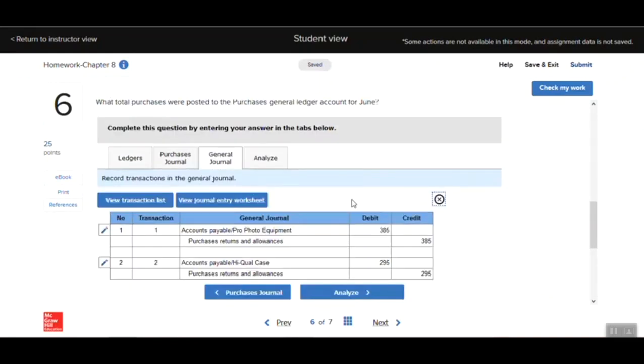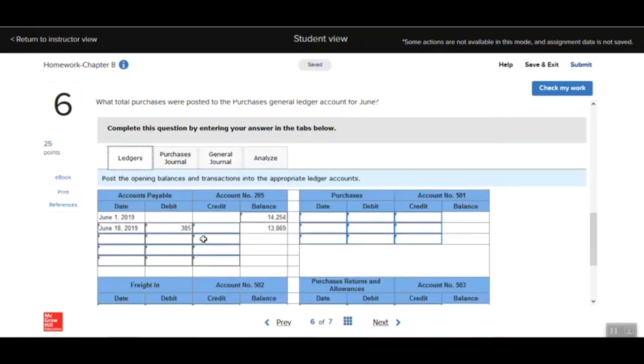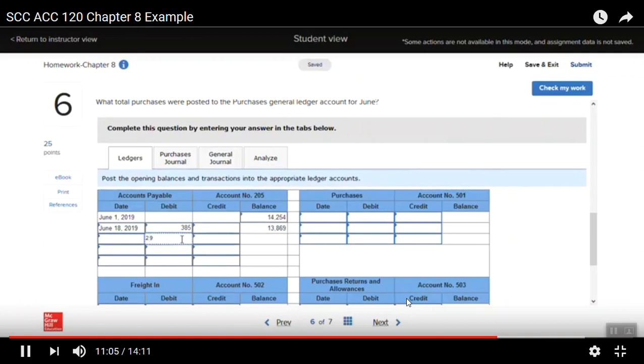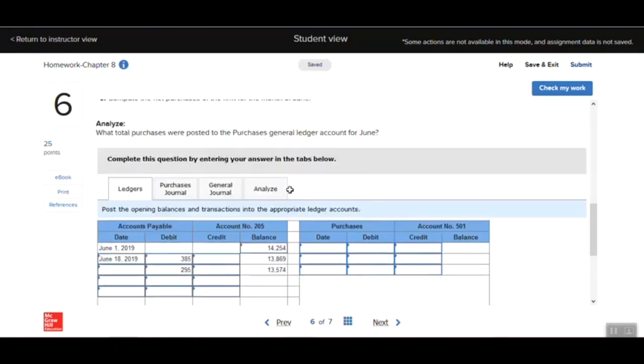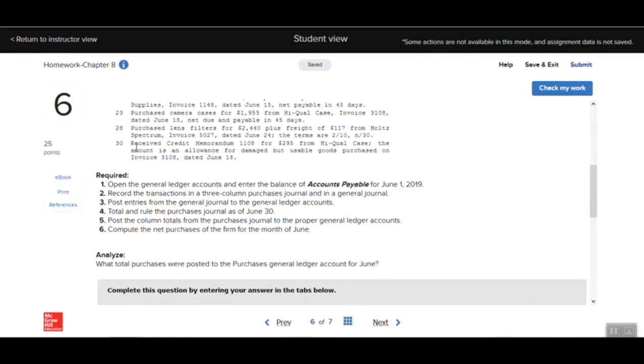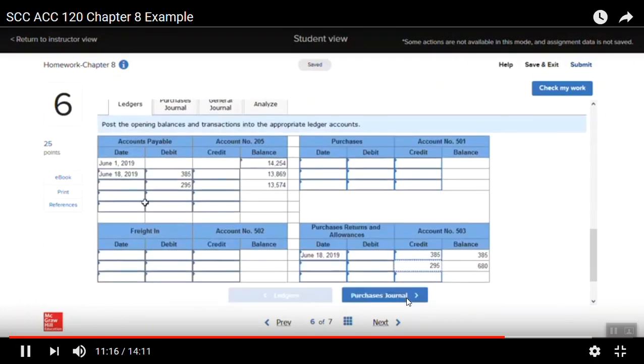And that gets the first entry posted. We're going to do exactly the same thing with the second entry, except for it's $295. And the date on that one was the last day of the month, so that was June the 30th.